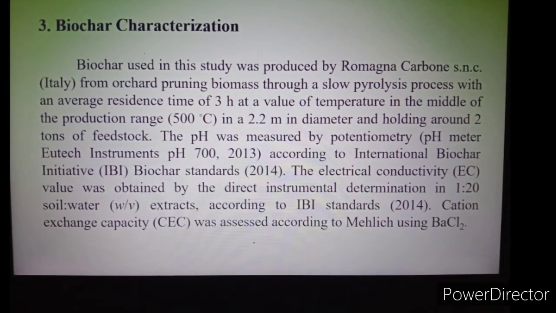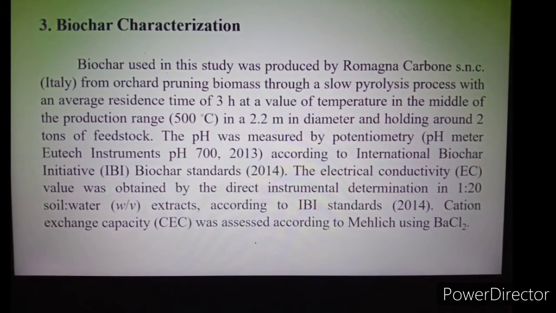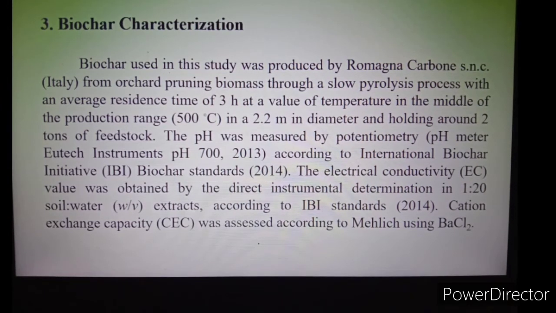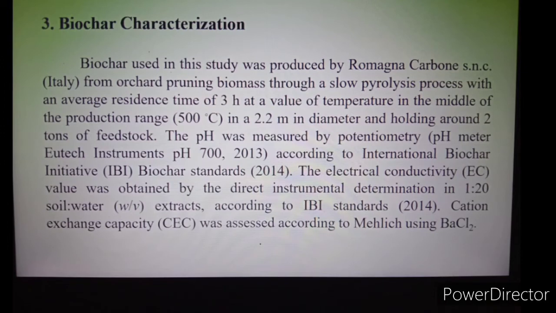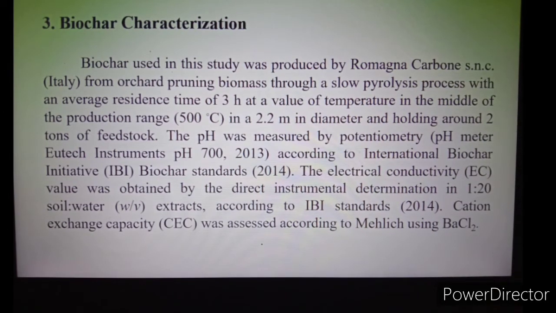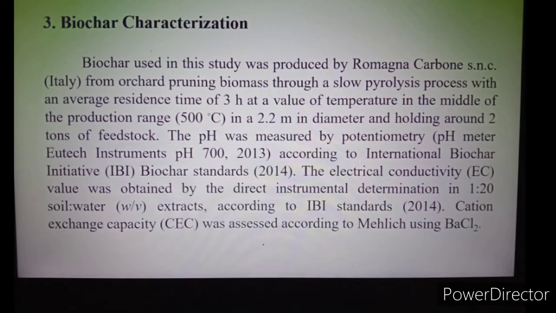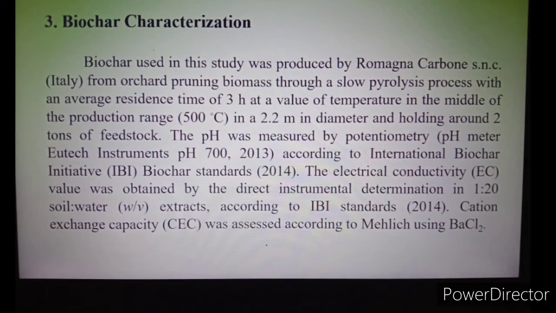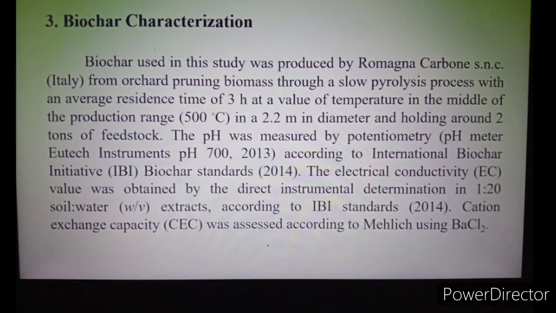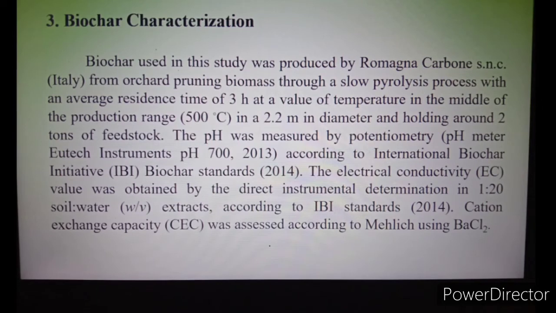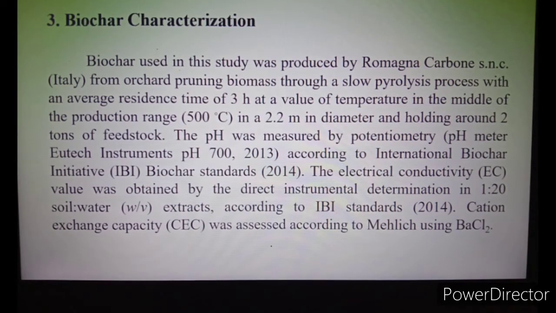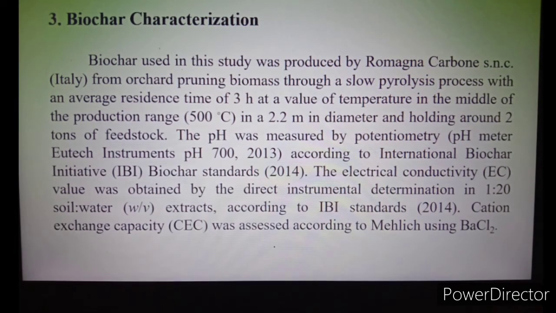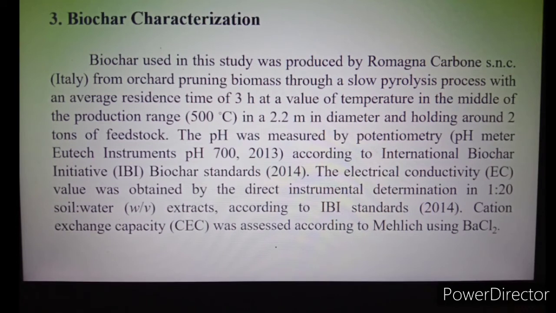The pH was measured by potentiometry, which is a pH meter, EUTech instrument pH 700 2013, according to the International Biochar Initiative IBI, Biochar Standards of 2014. The electrical conductivity value was obtained by direct instrumental determination in 1 to 20 soil to water, according to the IBI standards of 2014.